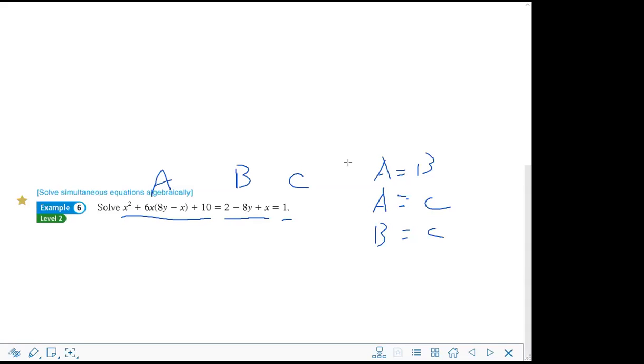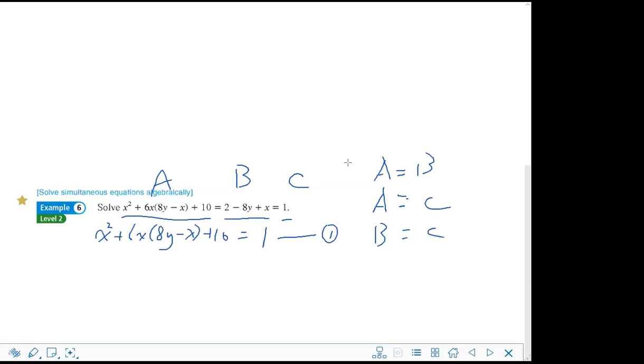Which means that I will make our equation 1 to be x squared plus 6x plus 8y minus x plus 10 equals 1 to be our equation 1.